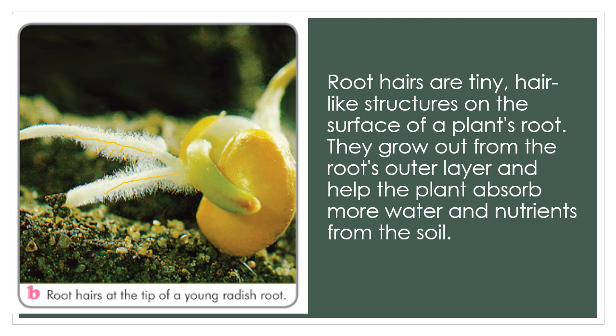So, roots are responsible for the absorption, and root hairs, what do they do? They help the plant to increase the amount of water absorbed. So, when the plant has roots and root hairs, the absorption becomes more efficient.